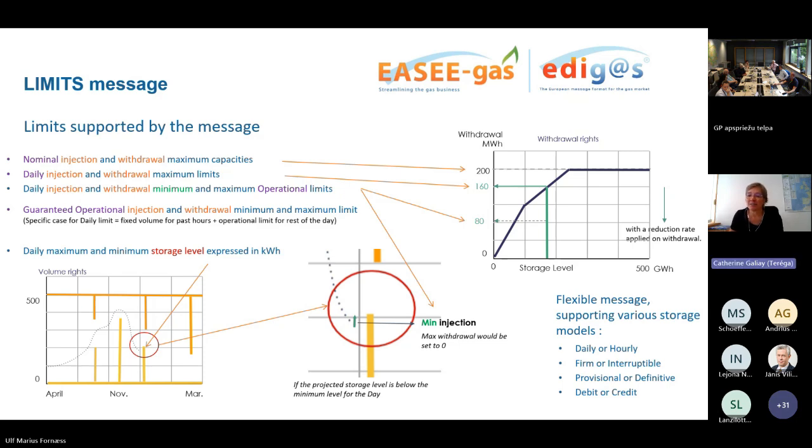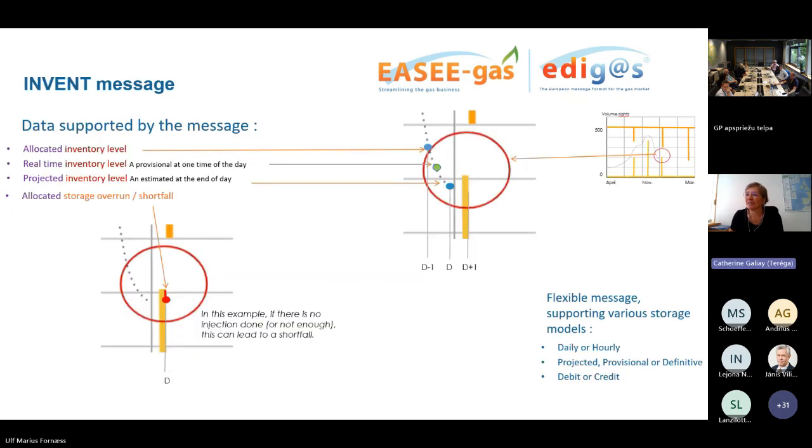So now, Marius, you can skip to the next slide. This slide is the explanation of the event message. We created it to provide all kinds of information about the inventory position. As Svetlana said, the customer will need the information about his volume for the day before and for the current day.